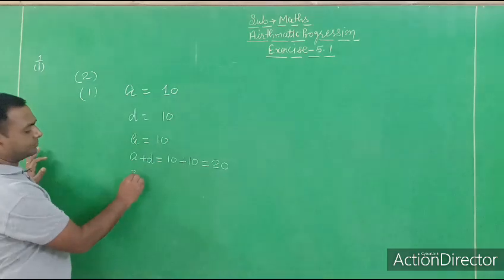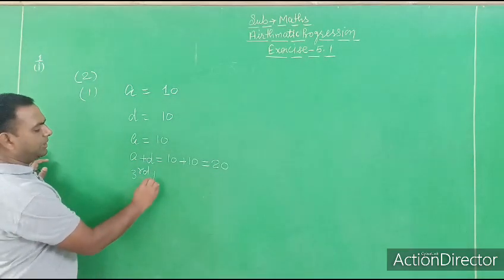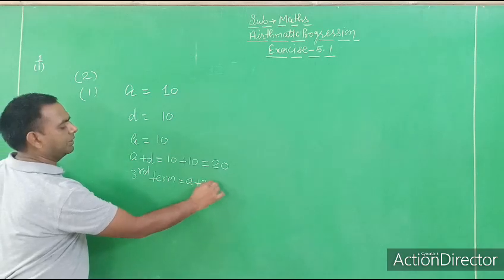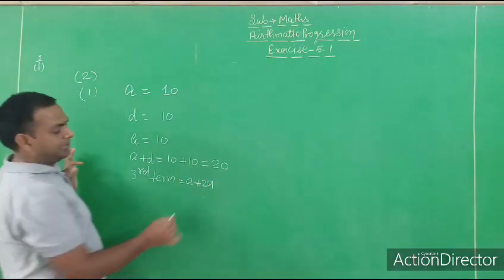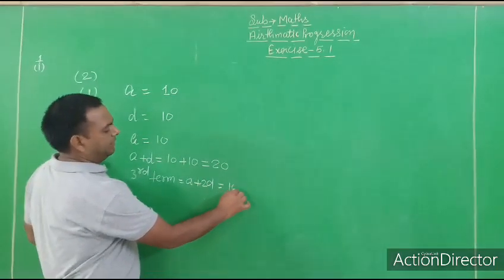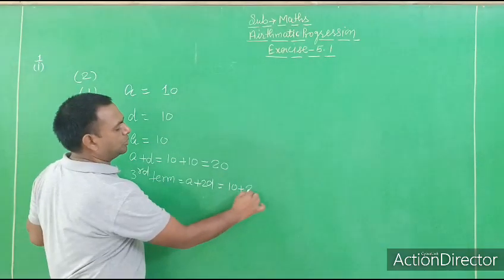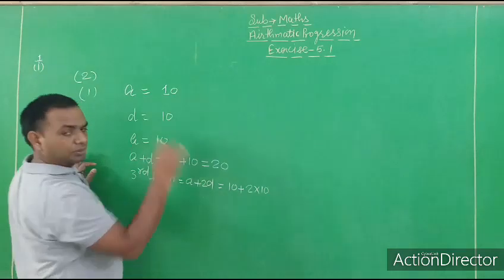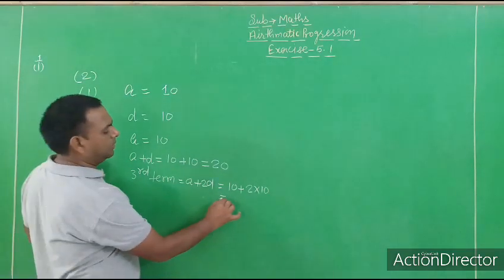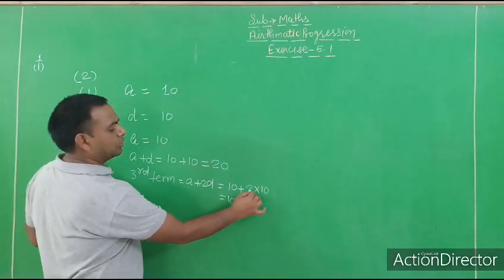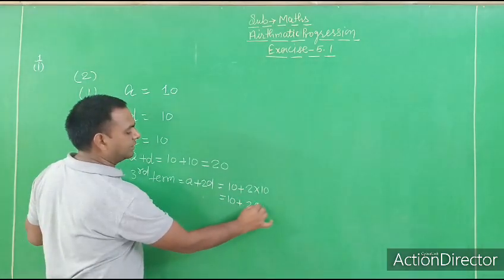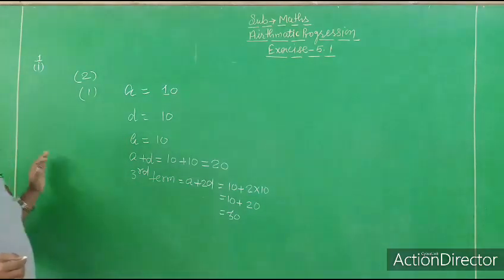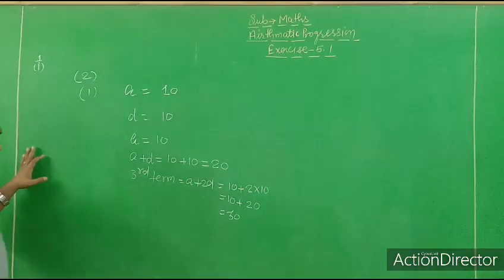Third term means a plus 2d, which is equal to 10 plus 2 into 10, because the value of d is equal to 10. So, this is equal to 10 plus 2 tens are 20, which is equal to 30. So, the third term of this series is 30.